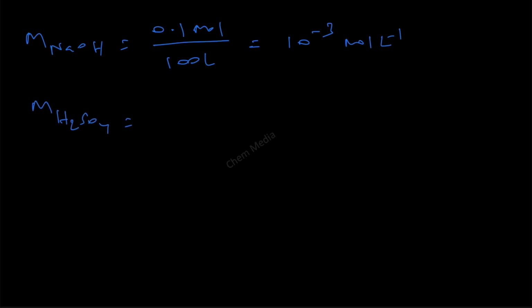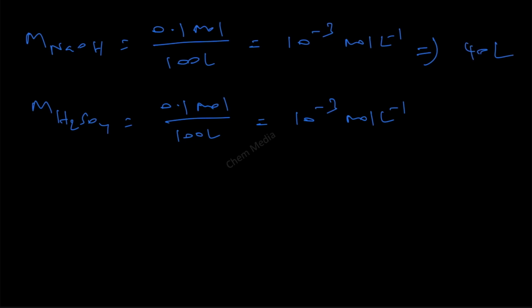Therefore molarity of NaOH is equal to 0.1 mole divided by 100 liters, so that is equal to 10 to the power minus 3 mole per liter, and then molarity of H2SO4 is equal to 0.1 mole divided by 100 liters, and that is also equal to 10 to the power minus 3 molar. Now from here we are taking 40 liters of NaOH and 10 liters of H2SO4.